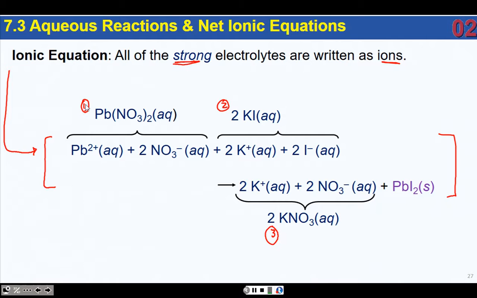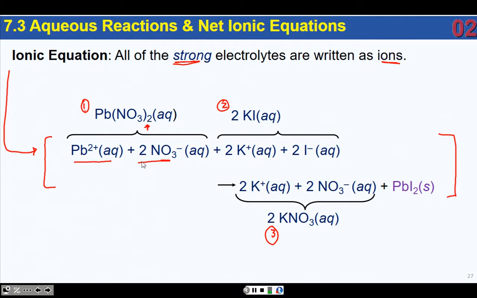And it tends to be annoying, but just think about it for a little bit. So with the lead nitrate, we're going to write the electrolyte separated as the ions in which it would be found in the solution. So you have lead 2 ions that are aqueous, and then you have 2 nitrate ions that are also aqueous. So that's the part that represents the lead nitrate when you're writing the ionic equation.